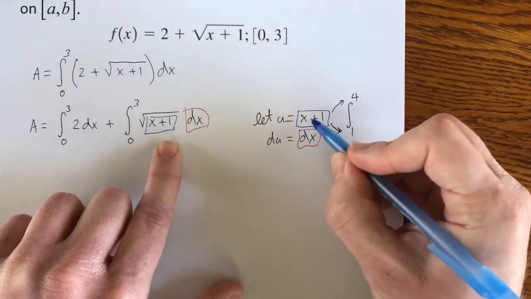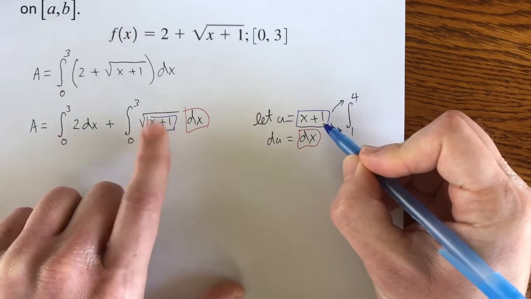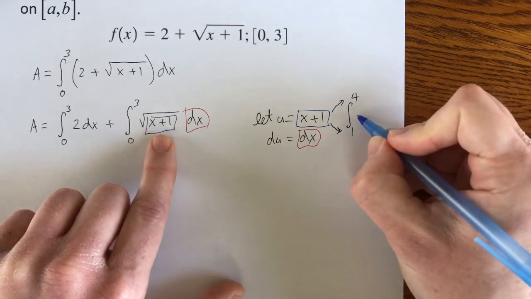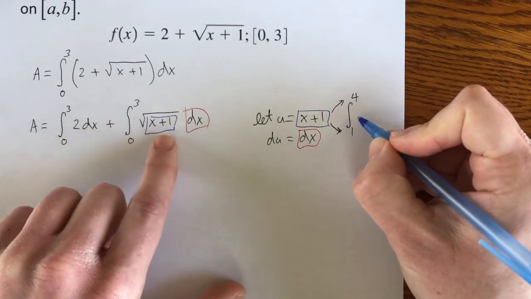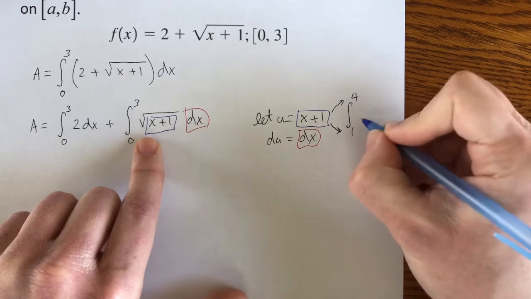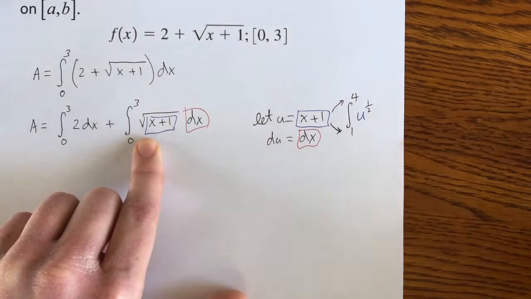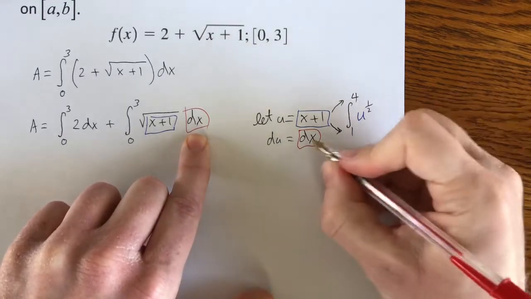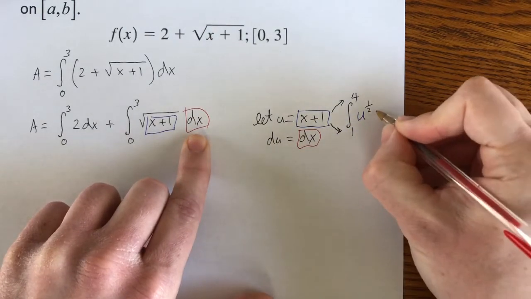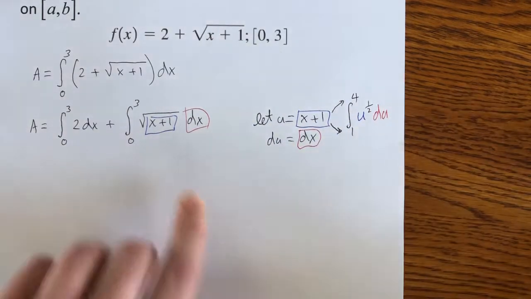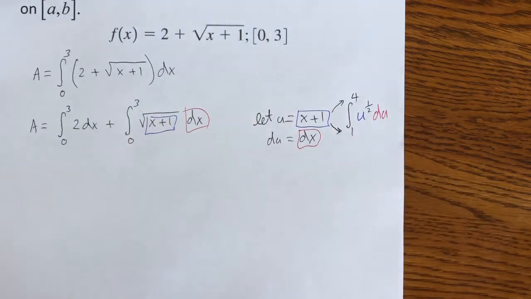So u is equal to x plus 1. The square root of u is the same as u to the 1/2, and that's going to be with respect to du. So there's our new integral in terms of u.